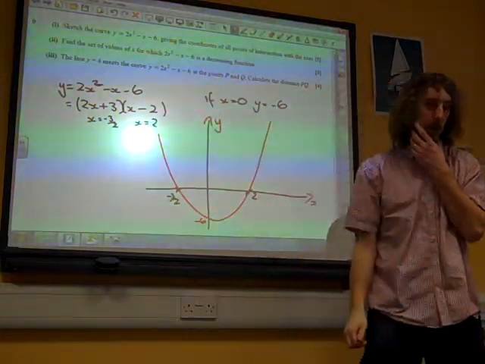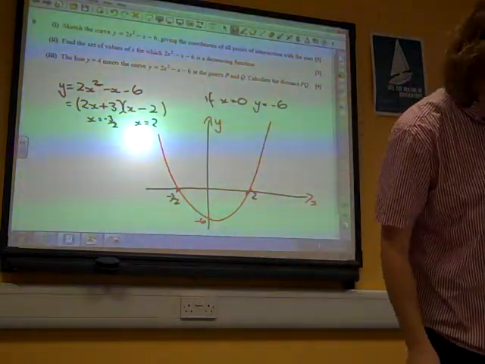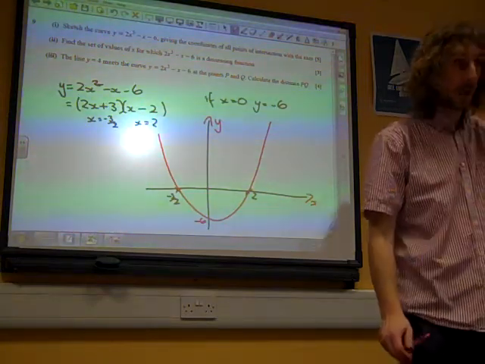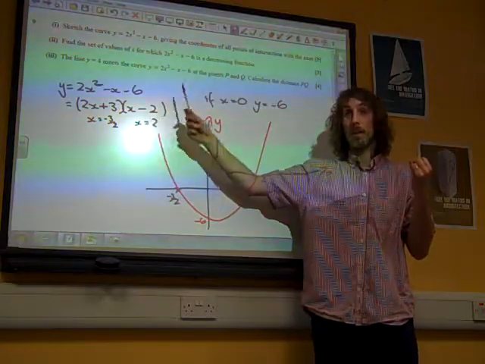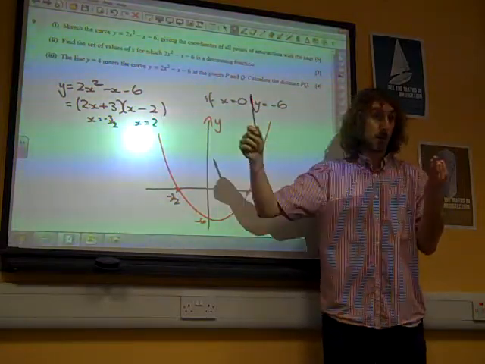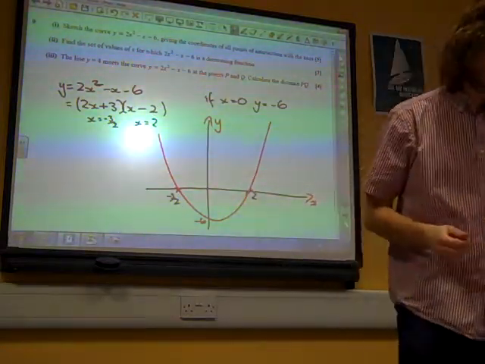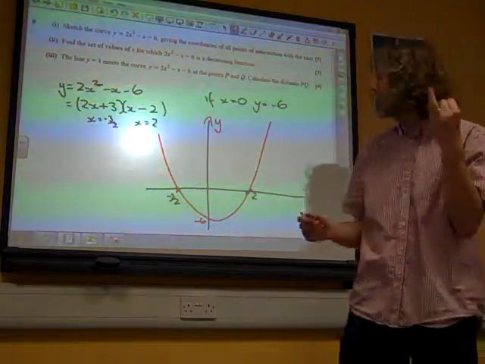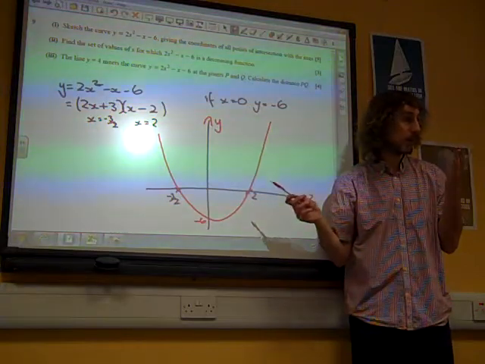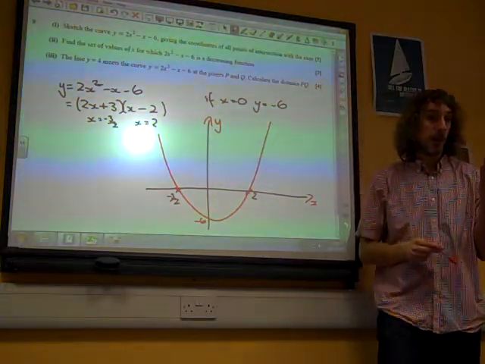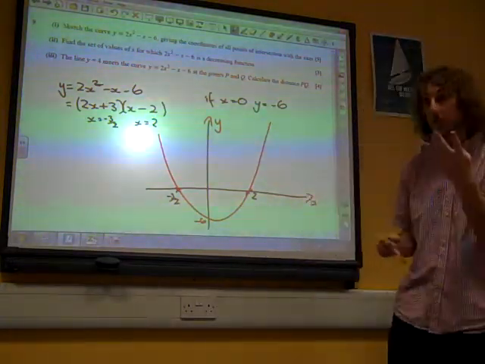What you were getting your 5 marks for here was some evidence that you'd found the roots, a method to find the roots, and the roots themselves. So that's 2 marks. A symmetrical, nicely shaped quadratic curve gives you 3 marks. It needs to cross at minus 6.